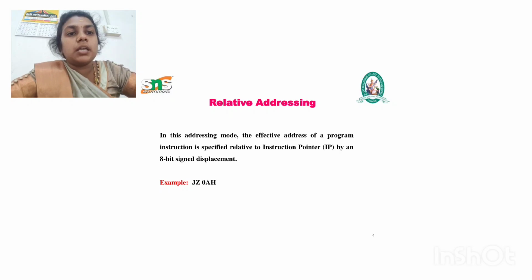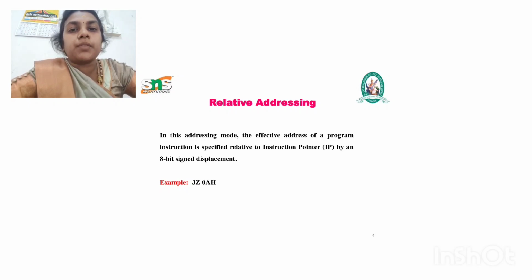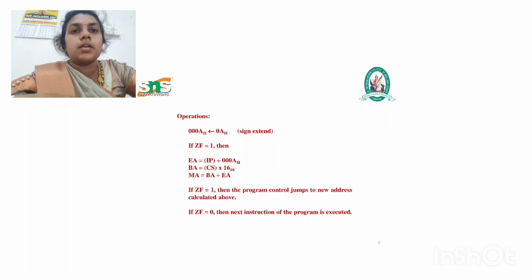In this addressing mode, the effective address of a program instruction is specified relative to the instruction pointer, IP, by an 8-bit signed displacement. Example: JZ 0AH. This is a relative addressing operation.